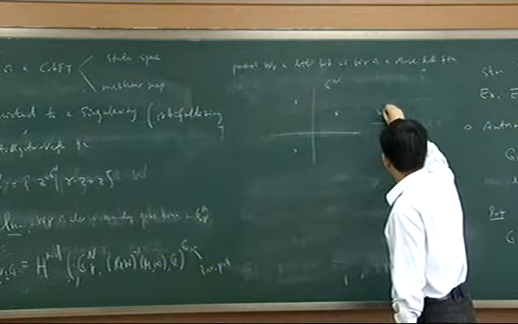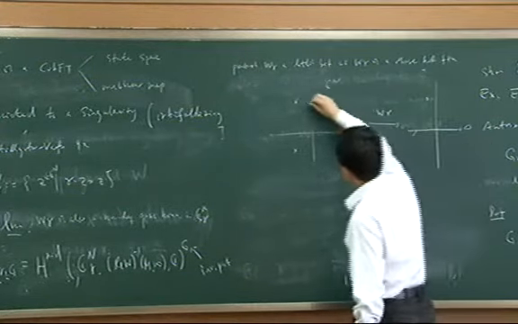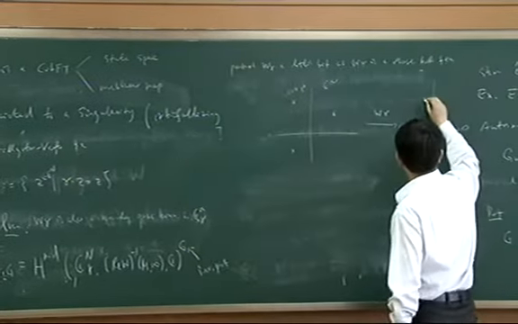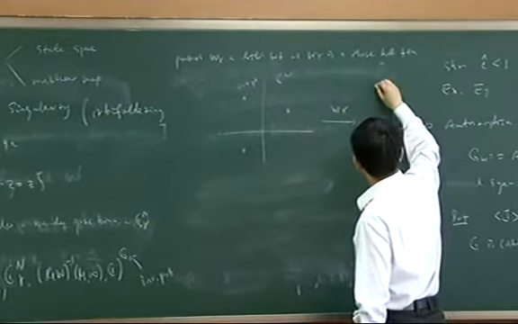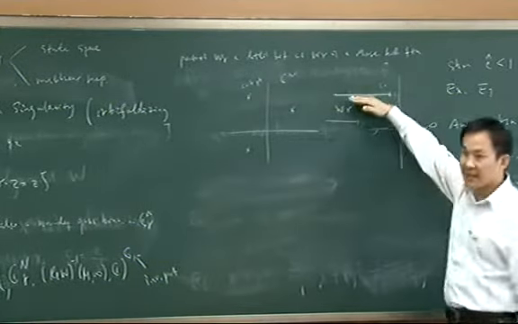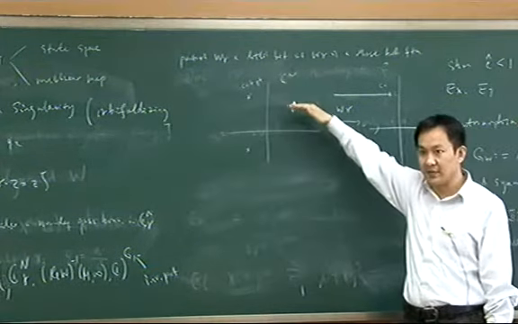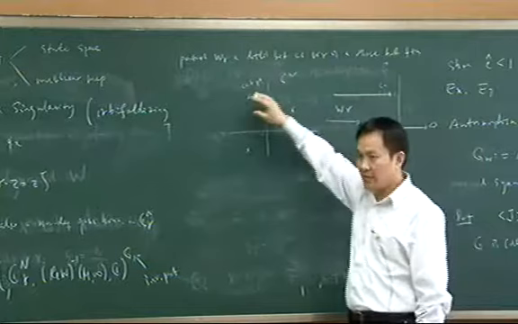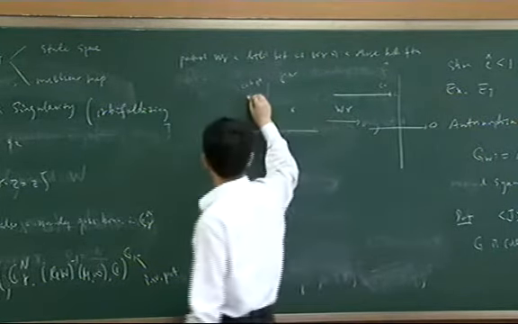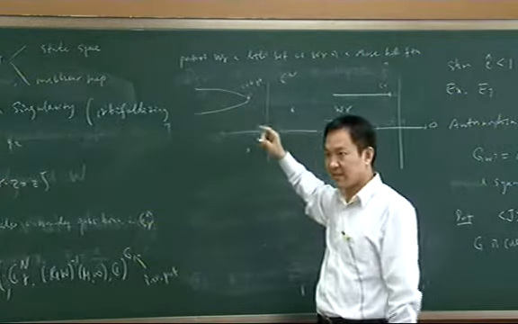So if this is W gamma, and this is a critical point, and this is the corresponding critical value, and then we take a line parallel to the x-axis that goes to minus infinity. And then we look at the pre-image. So you get something like this.